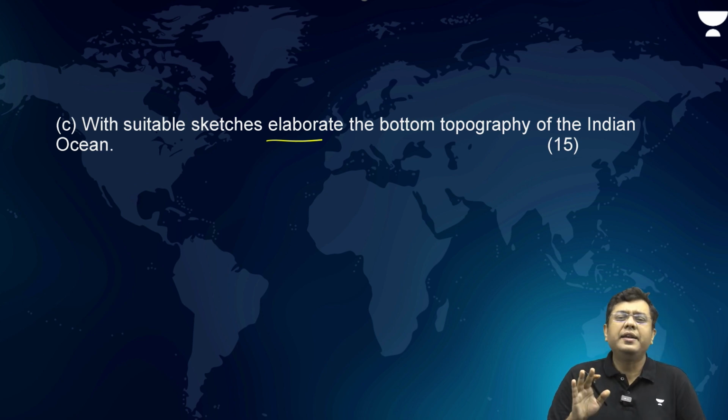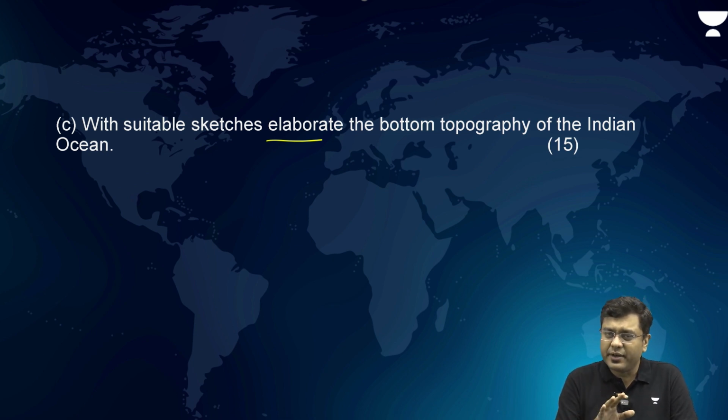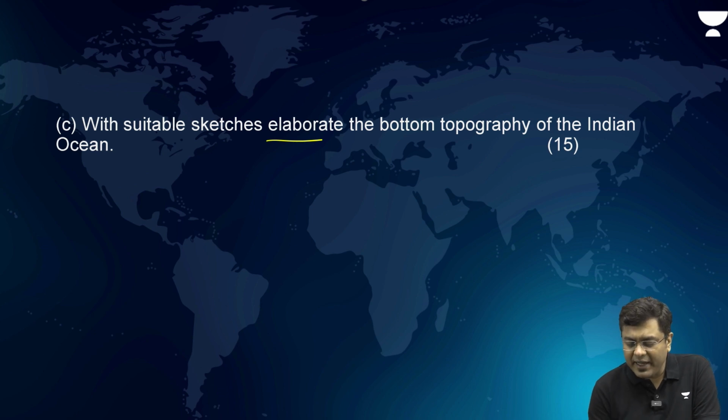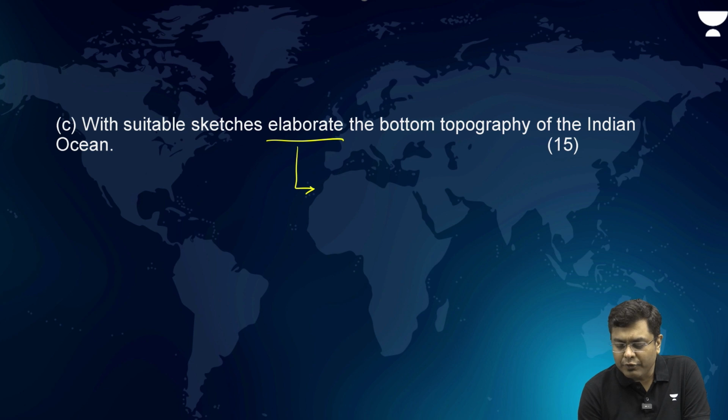You would have to provide a basic schematic image of areas such as the Socotra Ridge, the Chagos Ridge, the Carlsberg Ridge, etc. And when you elaborate the answer, you have to talk about the regions of the margins, the continental margins.